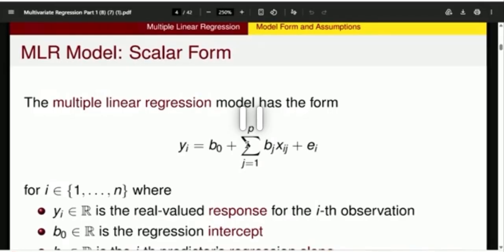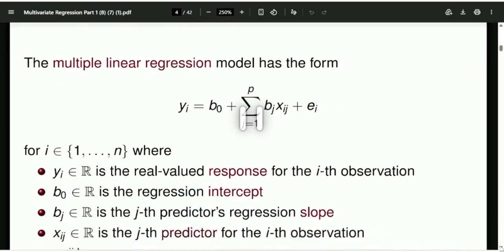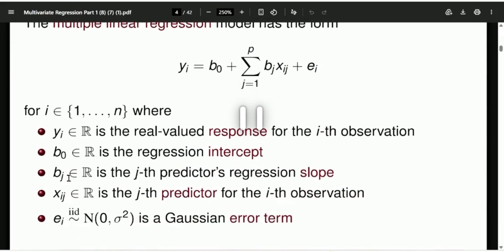Whenever we work within a statistical framework and want to look at the effects of these variables on another variable, we start with the model specification. And we normally have assumptions on the error. The assumption is that the error has to be Gaussian, following a normal distribution with a mean of 0 and variance sigma squared.